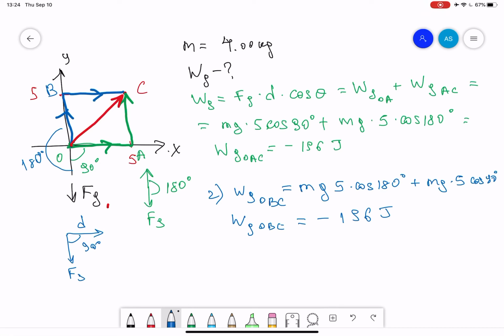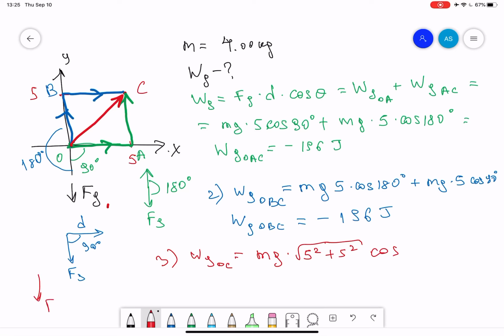Then finally, let's calculate the work done by gravity by moving between O and C, directly. Which means mg, and what will be the distance here? The distance is obviously, using the Pythagorean theorem, the square root of 5 squared plus 5 squared, and cosine. Now this time, what is the angle between them?